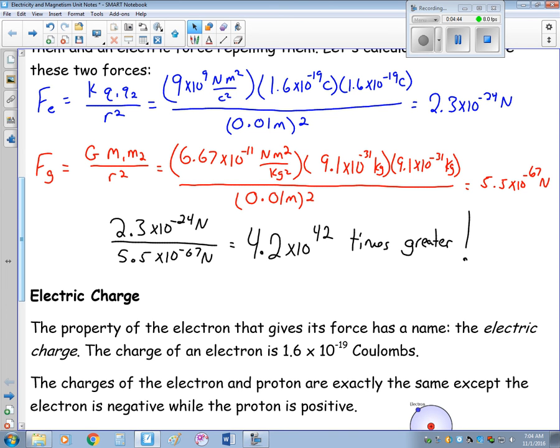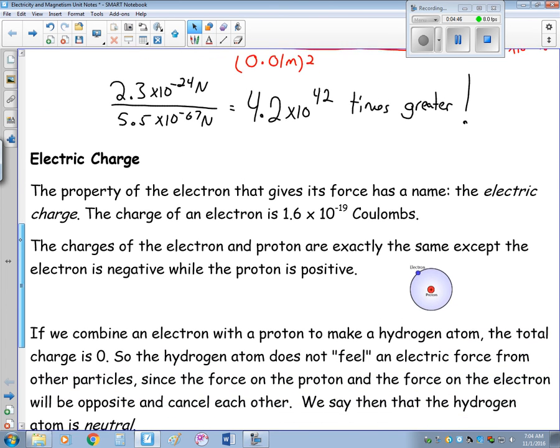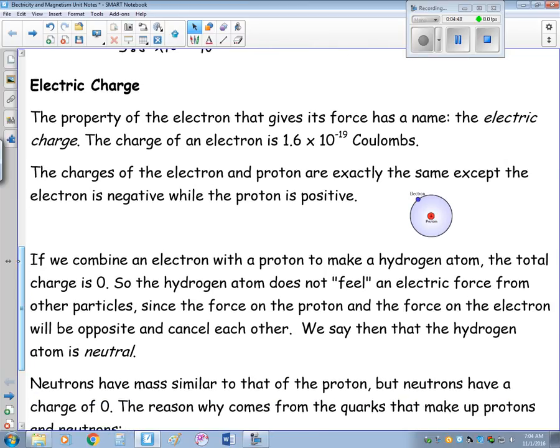So then, let's get a little further in depth here. Electric charges. This is the property of an electron that gives its force, and it has a name. The electric charge. The charge of an electron, I mentioned before, is 1.6 times 10 to the negative 19th coulombs. So the charge of the electron and proton are exactly the same.